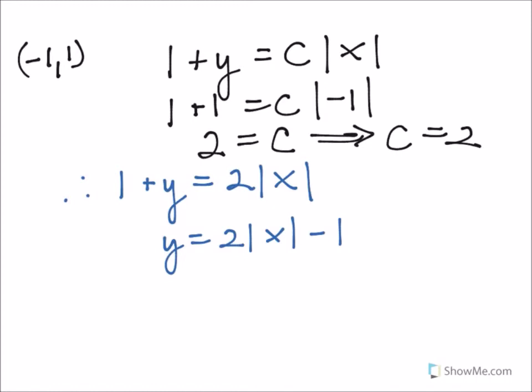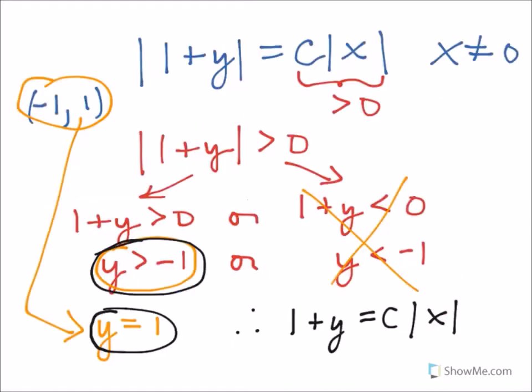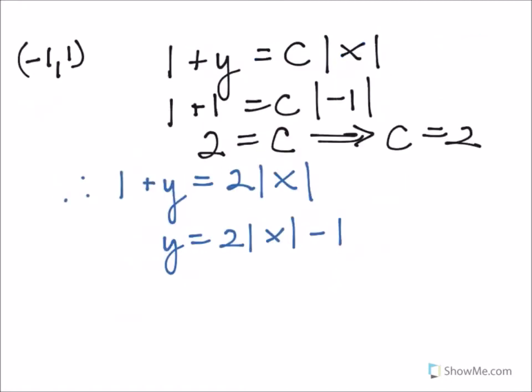But if we look at this solution, x can be anything, can't it? But if we go back to the beginning, x cannot be 0. The differential equation doesn't even exist there. So x equals 0 cannot be part of our solution. And because of that, well, we can mention that right here. Let's just remind ourselves x can't be 0.